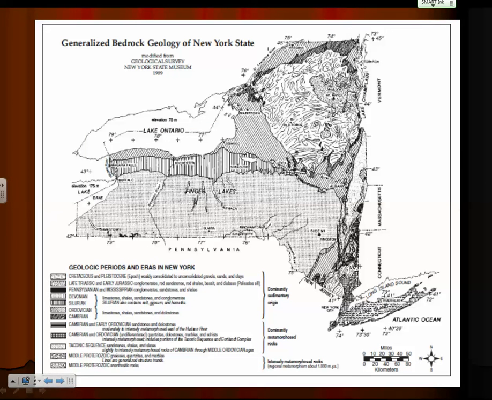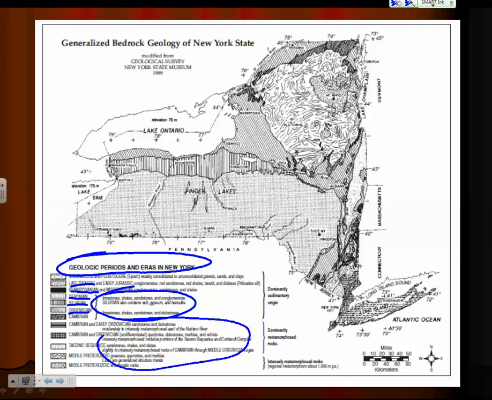Now, once in a while you'll be asked questions where you have to compare those landscapes on the previous page to this. And this will show you different rock types. Down here, geologic periods and eras in New York State. It'll give you the periods in history, which we'll get into in the next unit, that these rocks were created. The types of rocks in these landscape regions are always over here.